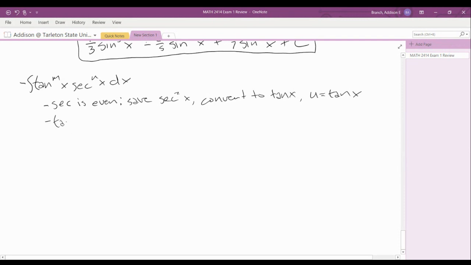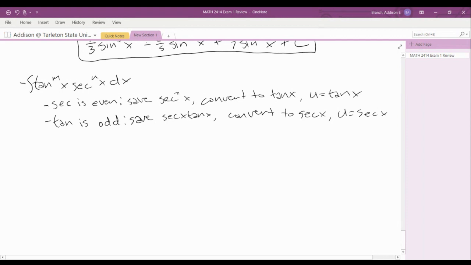If our tangent is odd, this is where it slightly differs from the last one, we're going to save a secant tangent, convert to secant, and then u is equal to secant of x.